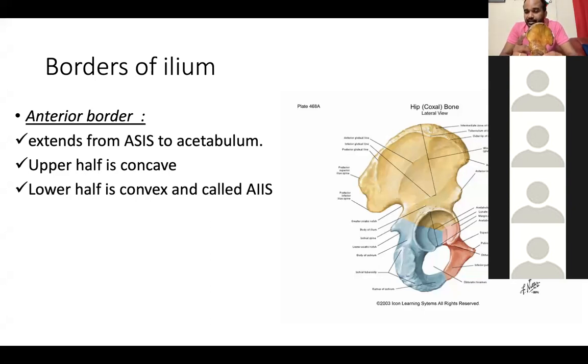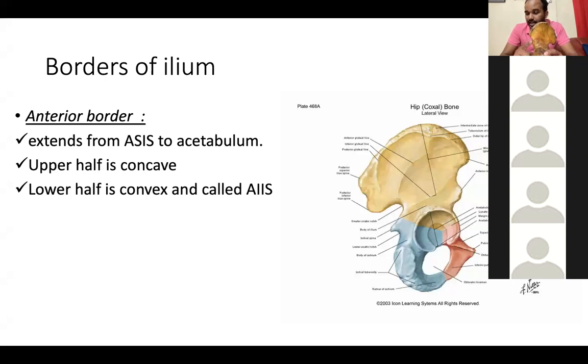The anterior superior iliac spine is giving attachment to what? Sartorius muscle and the inguinal ligament. Is it clear? The anterior inferior iliac spine is also giving attachment to a muscle and a ligament. The muscle is the straight head of rectus femoris.